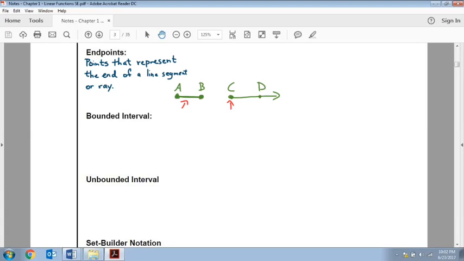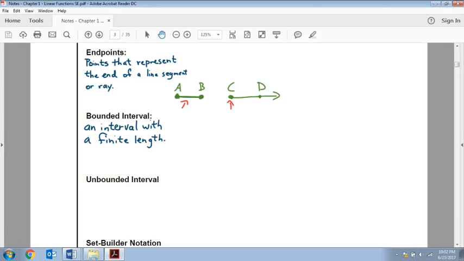A bounded interval is an interval with a finite length.